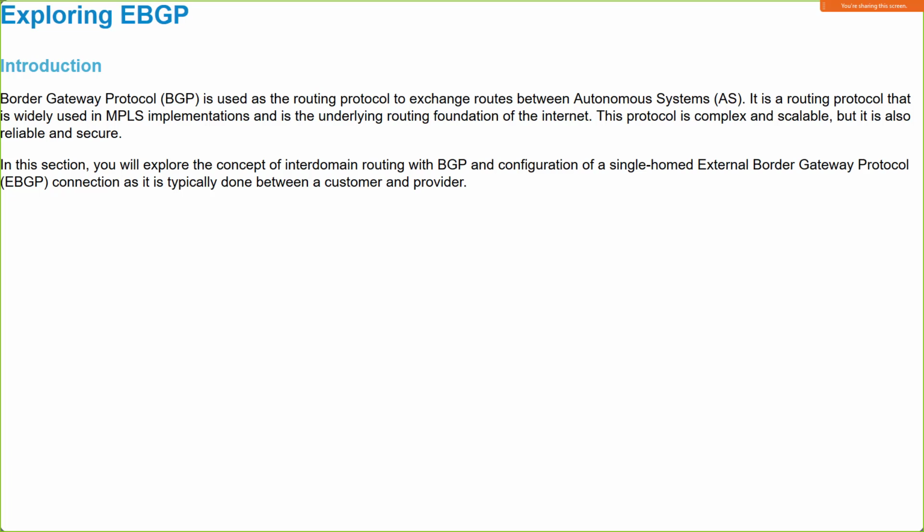We are now moving into our next topic in ENCOR, which is external BGP. We don't really talk too much about internal BGP in this class. Internal BGP is not typically used in most enterprises because we would rely on some sort of interior gateway protocol to route internally within our organization.